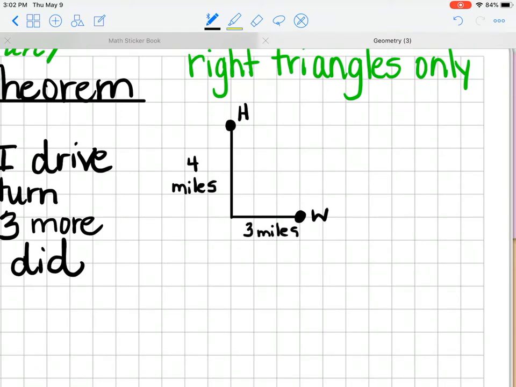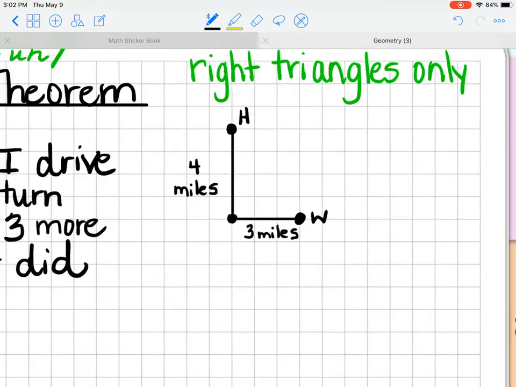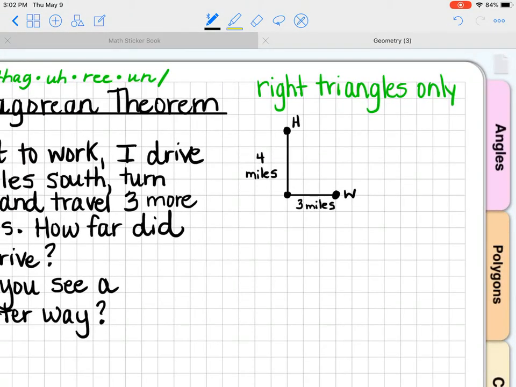So the first question is, how far did I drive? And you can even put the intersection where I turned in if you want to. Hopefully you can see that I drove how many miles? 7. 4 plus 3. I drove 7 miles.